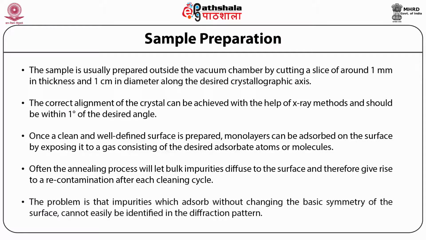The problem is that impurities which adsorb without changing the basic symmetry of the surface cannot easily be identified in the diffraction pattern. Therefore, in many LEED experiments, Auger electron spectroscopy is used to accurately determine the purity of the sample.